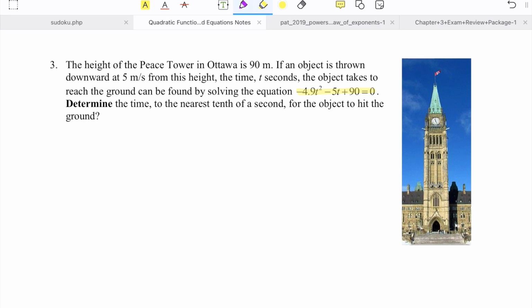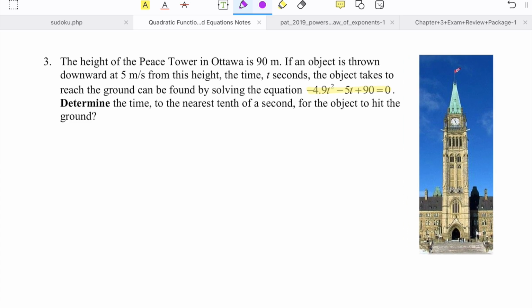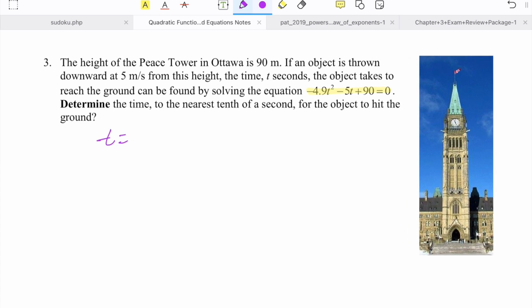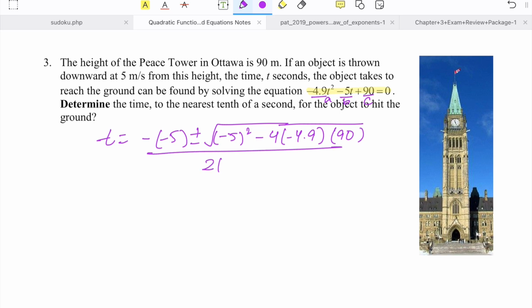So this one, you don't have to make an equation. So you're basically solving for the value of t, right? So t will be equal to, you have your a, b, and c. So it'll be negative b plus minus the square root of b squared minus 4ac over 2a, which is negative 4.9.